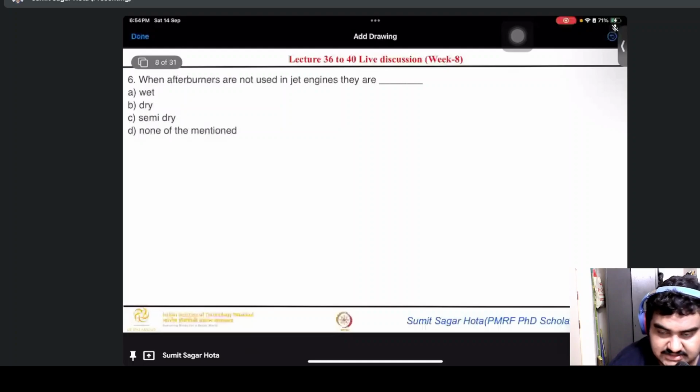So what is the work of the afterburner? The afterburner would again dry whatever gas is there. That's the reason why afterburners are not used, because the afterburner would dry the already dry exhaust gas exiting from the jet engines. The answer will be dry, B.